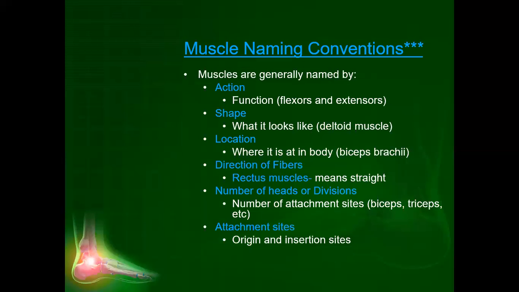Oblique means slightly askew. So you've got one running this way, and you've got one running the other way. And it's these 4 plates of muscles that give you the six-pack look. You have the lines and the points of the rectus abdominis that give the lines this way.